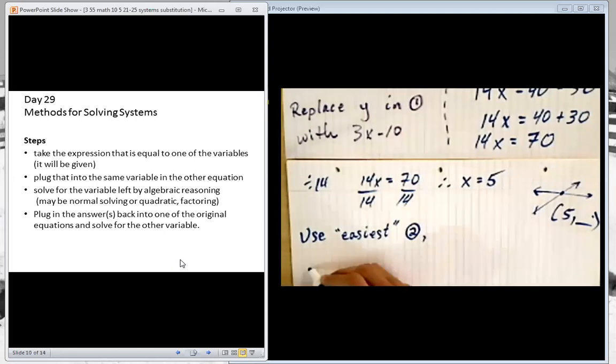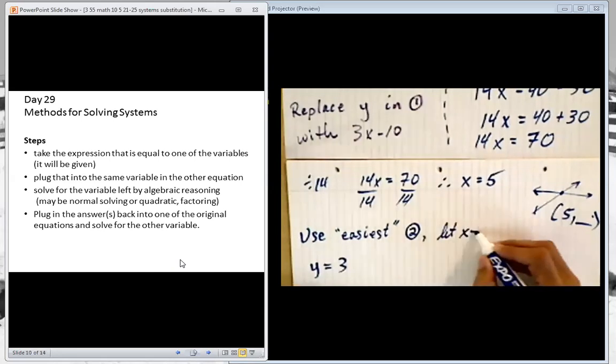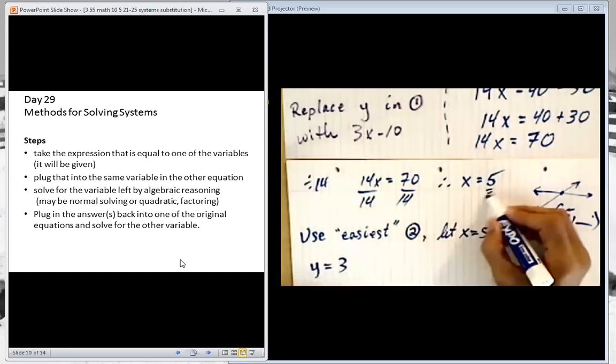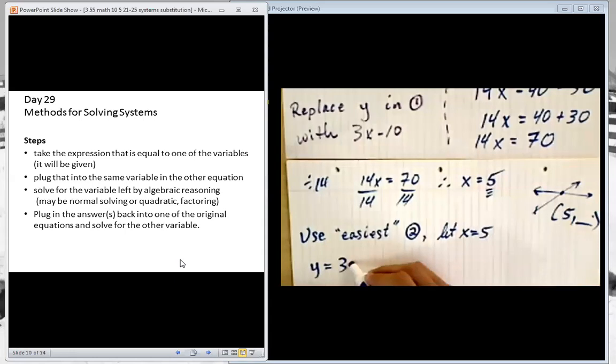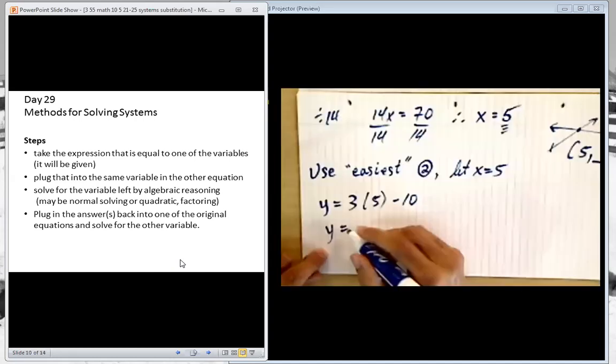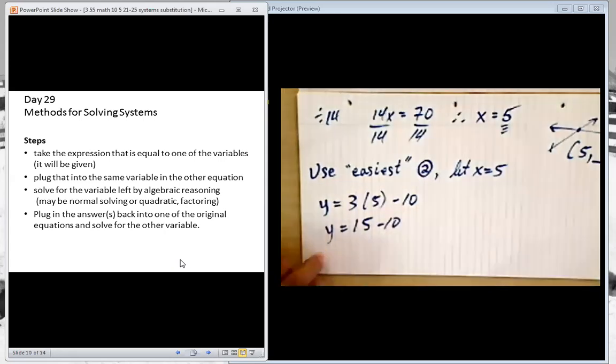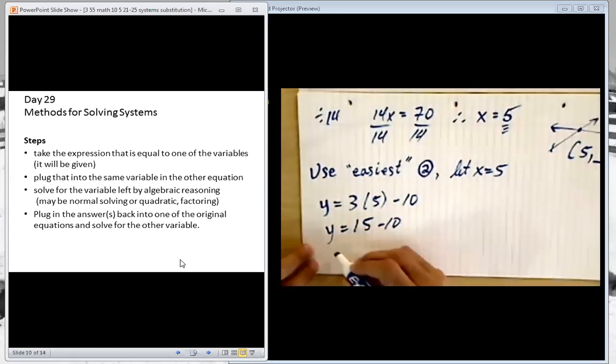So that means this will be y is equal to, yeah, I should write here, let x equal 5, the very 5 that we just found. So it's 3 times 5 minus 10. 15 minus 10. So y is equal to 5 when we work that out.